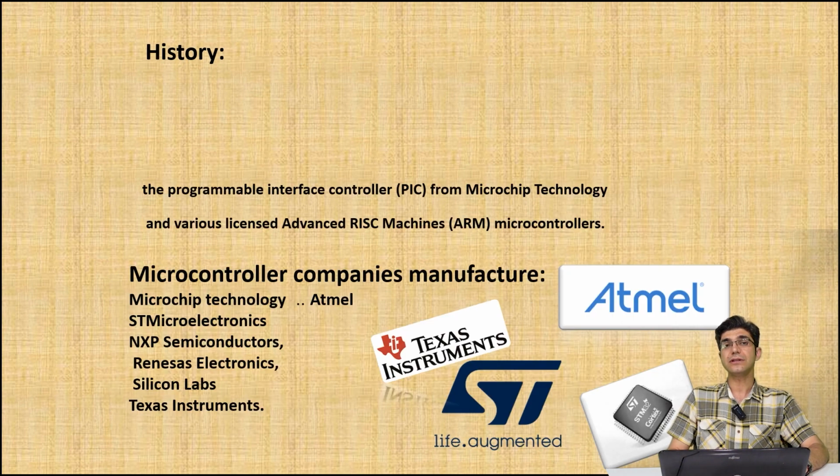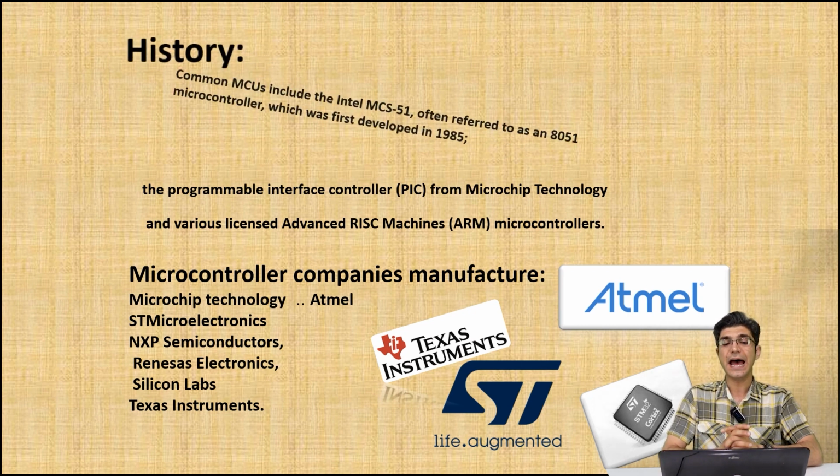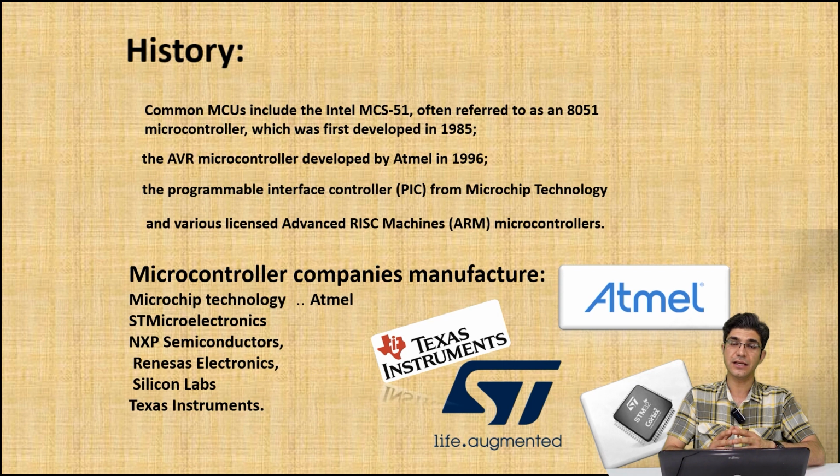So, about the history. Really, the microcontroller was started by Intel with the 8051 in 1985. This was a revolution for microcontrollers. Then a company named Atmel started the AVR family in 1996.